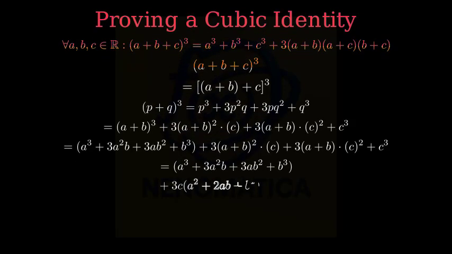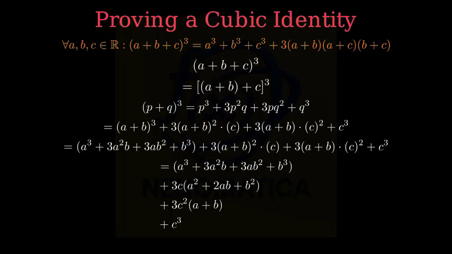For the term 3(a + b)²c, we'll expand (a + b)² as a² + 2ab + b², and then multiply by 3c. Similarly, the term 3(a + b)c² stays as 3(a + b)c². Now our expression becomes a³ + 3a²b + 3ab² + b³ + 3c(a² + 2ab + b²) + 3c²(a + b) + c³.